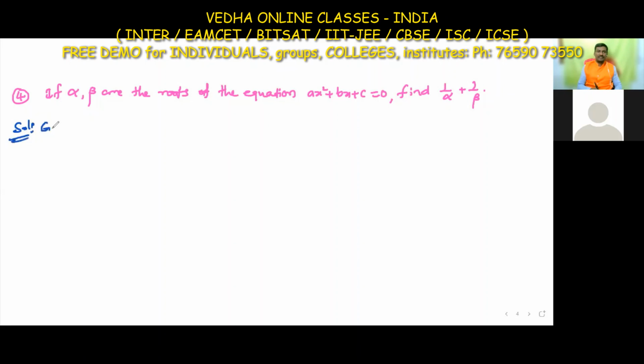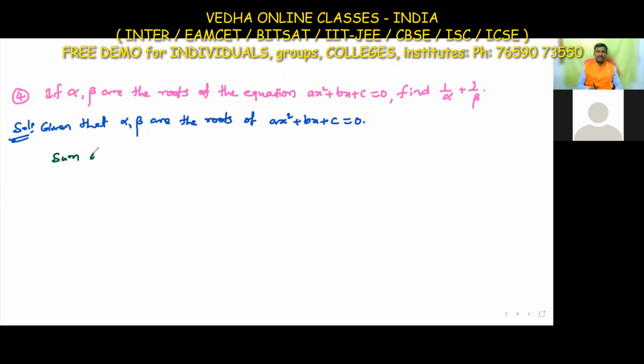Given that alpha comma beta are the roots of the equation ax square plus bx plus c equal to 0. We have the formula for finding the sum of roots as well as the product of the roots.